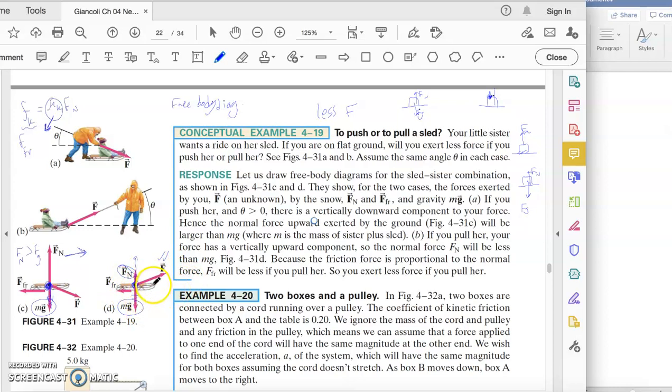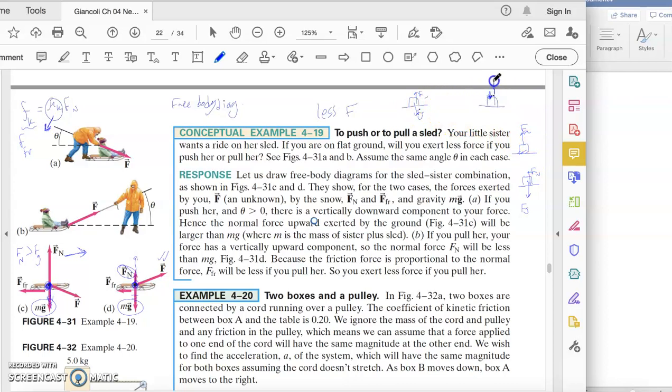I hope, guys, that I made this example clear to you. Try to compare it with what was happening here in the pulling and pushing situation of the box, and how the normal force was getting affected. If you are pushing down, it means you are putting more stress on the surface, so Fn will become bigger.